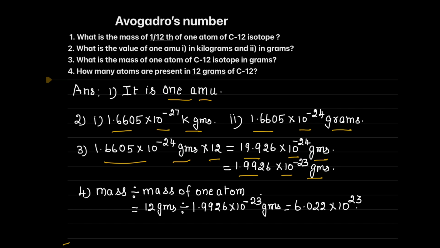That is equal to 12 grams divided by 1.9926 into 10 raised to the power of minus 23 grams, which gives the answer 6.022 into 10 raised to the power of 23. This is known as Avogadro's number. This is a mere number and has no unit. The sample of 12 grams of C12 isotope is termed as 1 mole of C12 isotope.